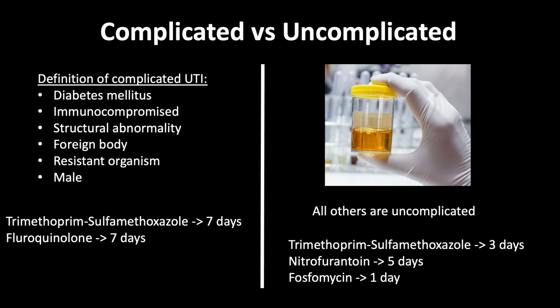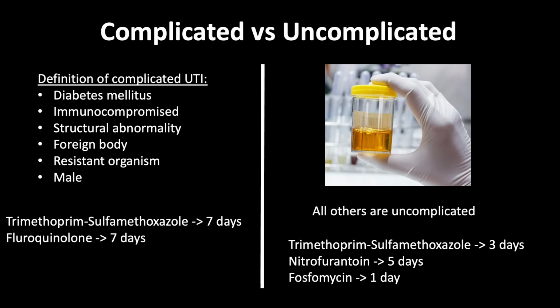Determining complicated versus uncomplicated urinary tract infection is important because it determines antibiotic choice and duration. So on the left side we have what makes a urinary tract infection complicated. So anyone with diabetes, anyone who's immunocompromised, if there's a structural abnormality like duplicate ureters, foreign body, and that includes any type of renal stones, resistant organisms, and all males.